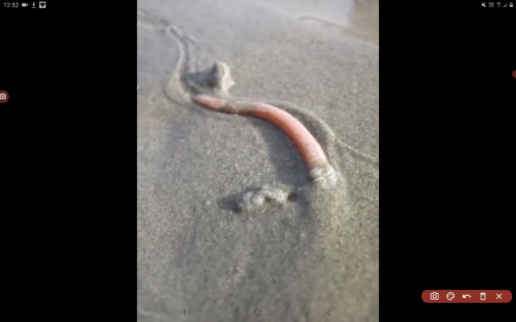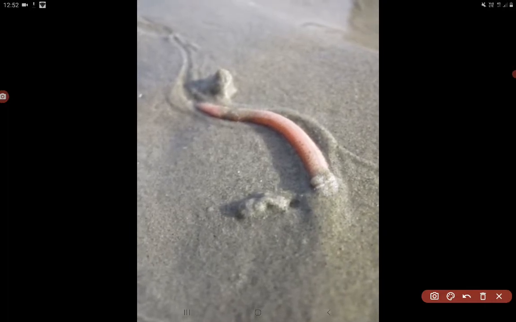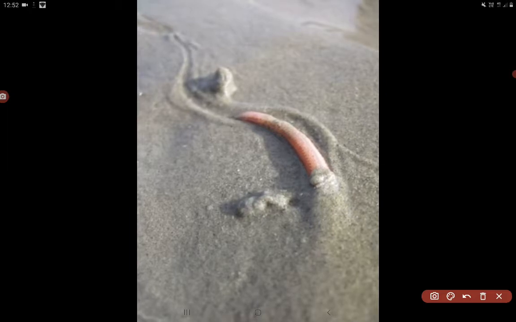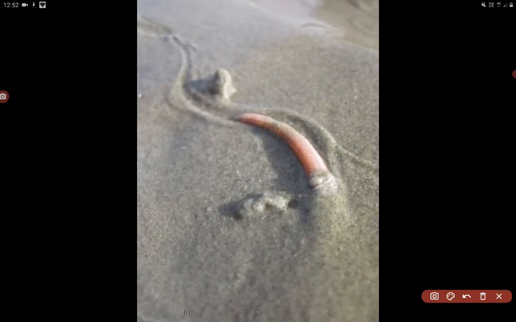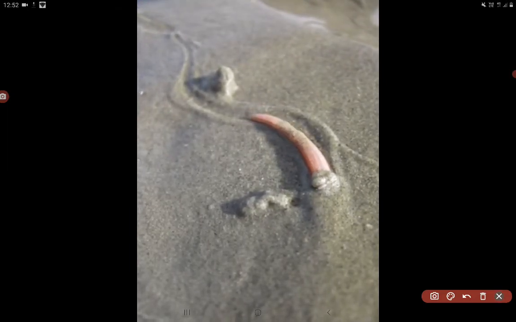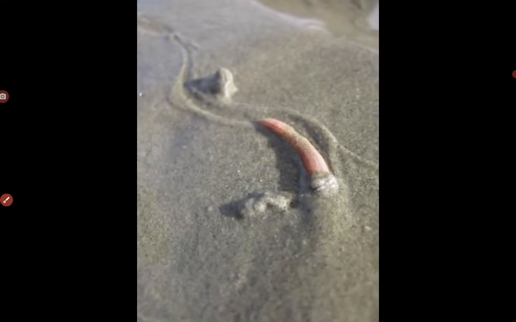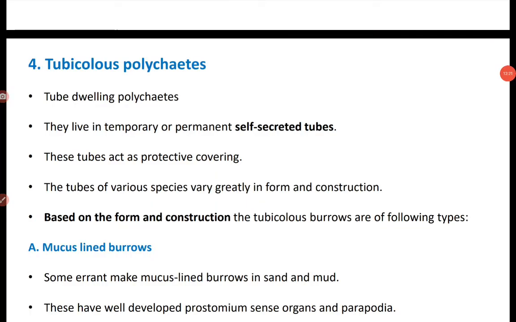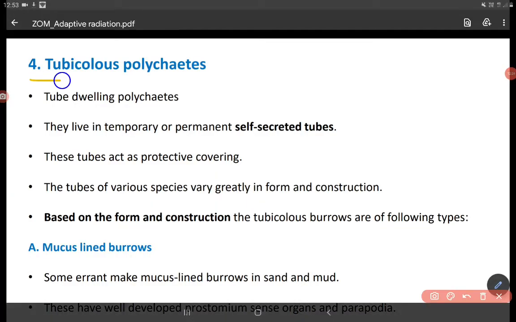Eyes and tentacles are also absent on the head. So this is Arenicola.